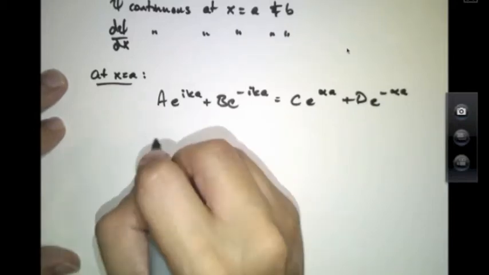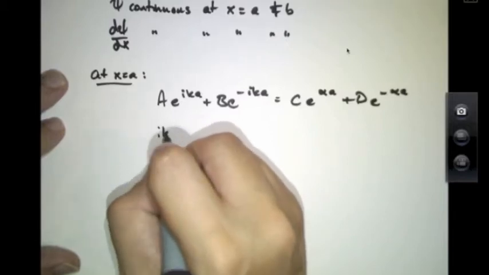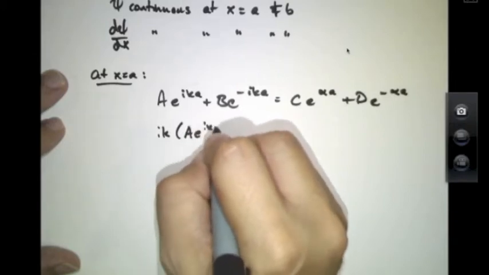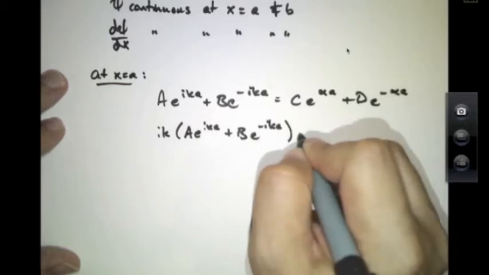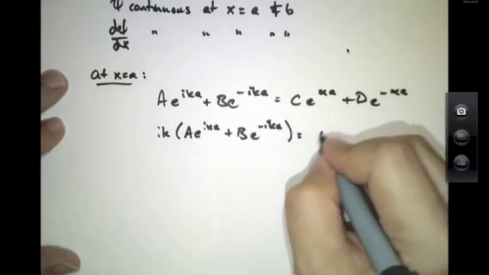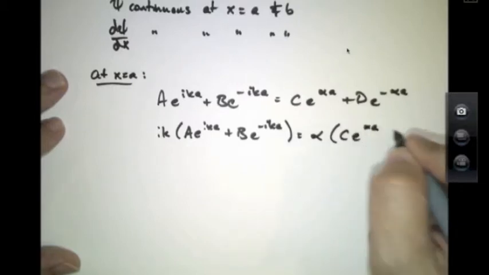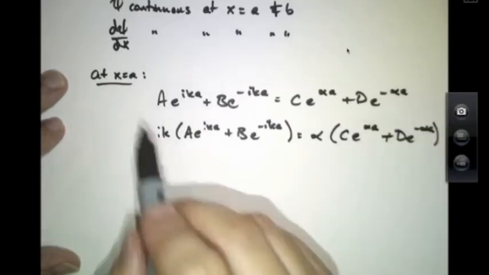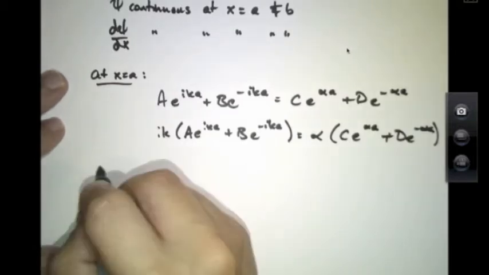And the derivative being continuous at x equals a.